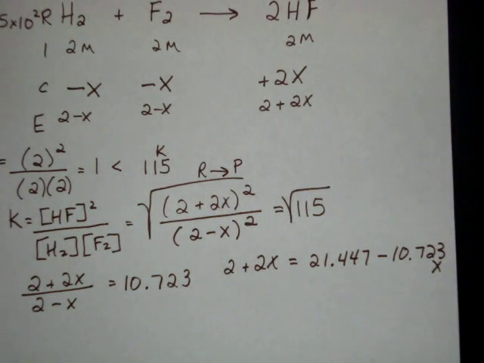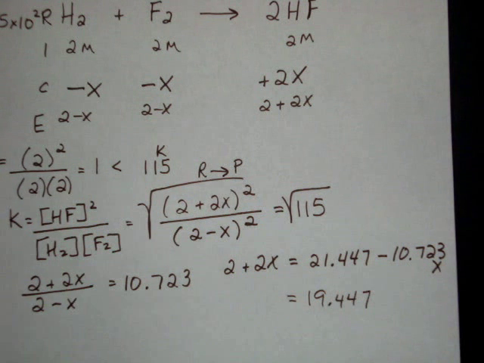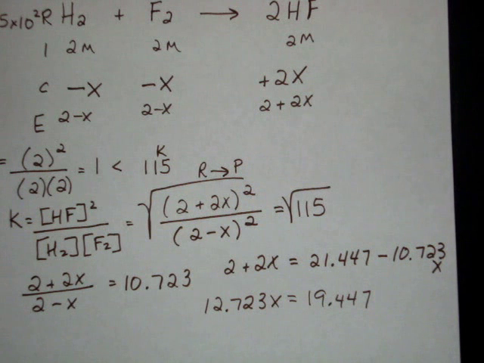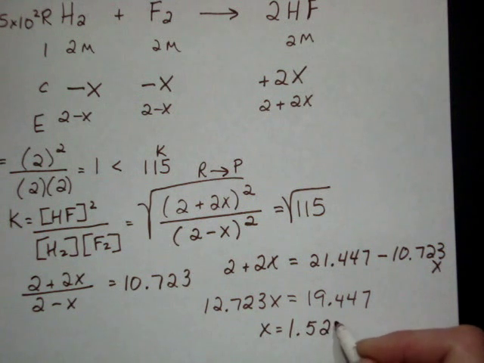Now I need to solve for x. Okay, that's what I end up with. And then I can divide 19.447 divided by 12.723. And I get x equals 1.528.